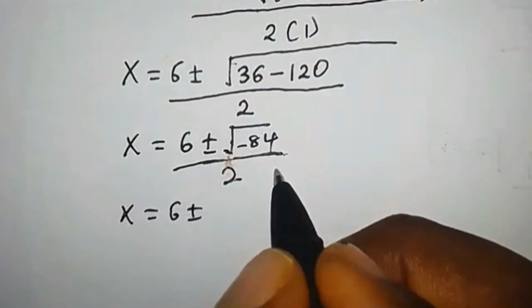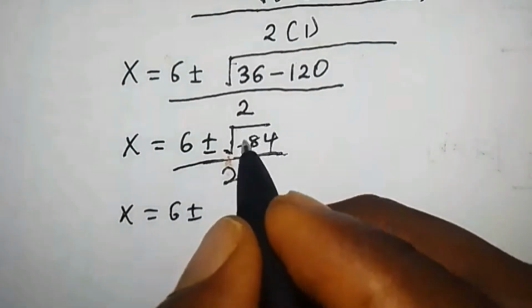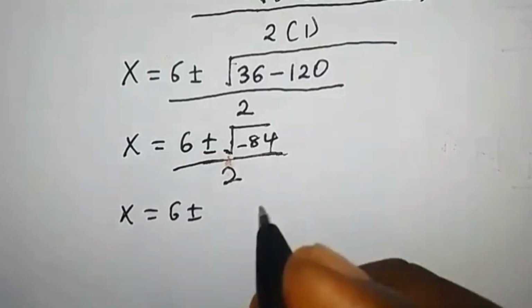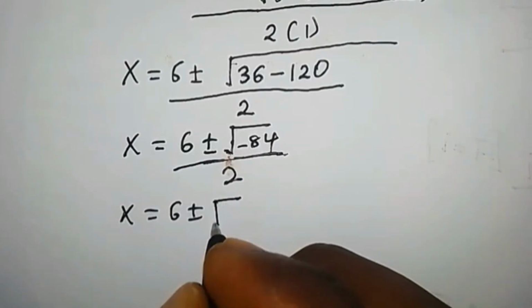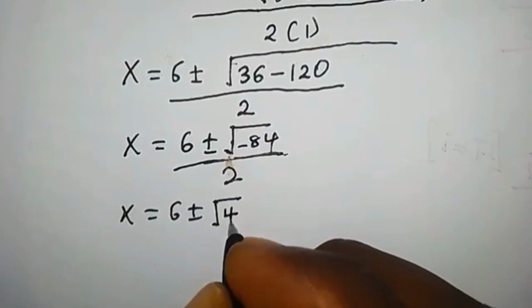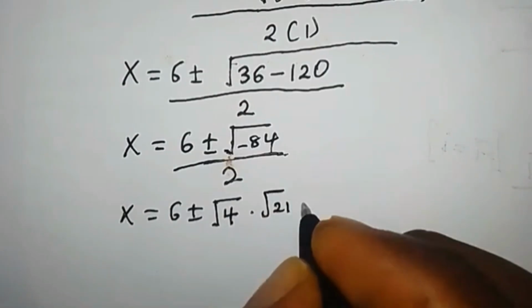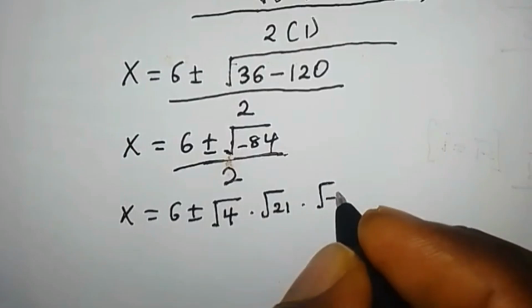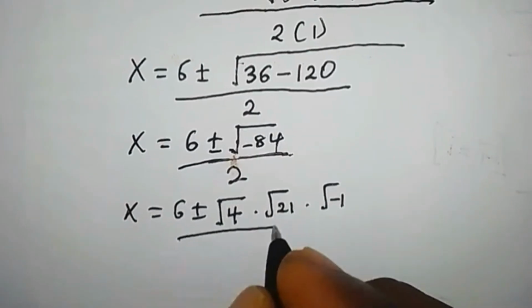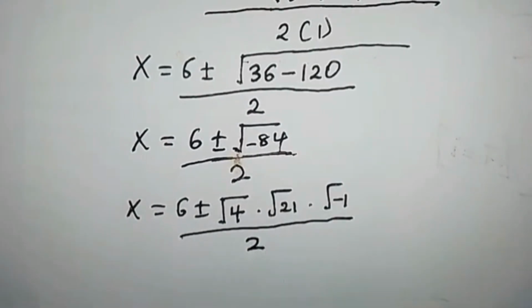I can rewrite square root of minus 84 as square root of 4 times square root of 21 times square root of negative 1, divided by 2.